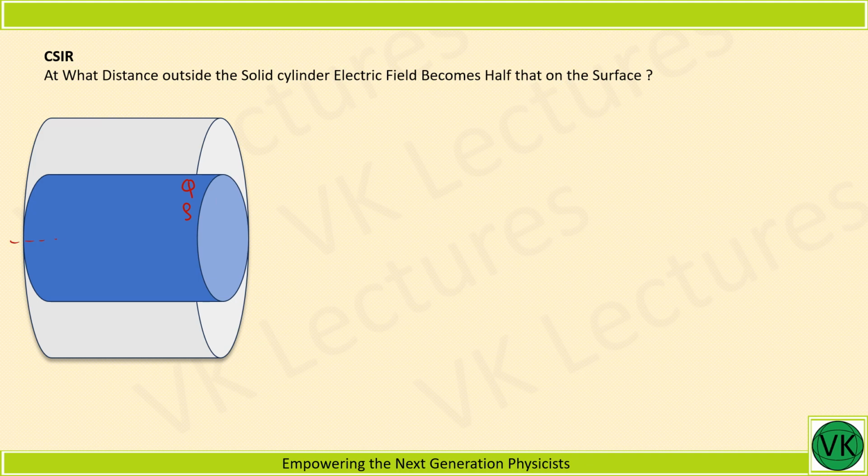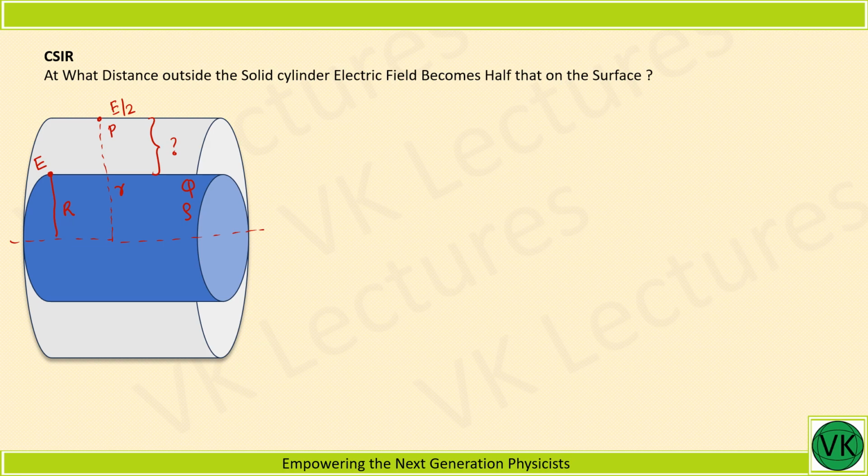Now this is the axis, and this is the radius of the cylinder, and at this point assume that the electric field is E, and at a distance small r from the center there is a point P where the electric field is E by 2. Now the question is to find what this distance is. That is what we need to calculate.